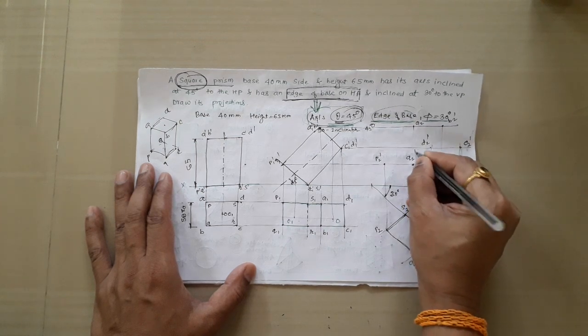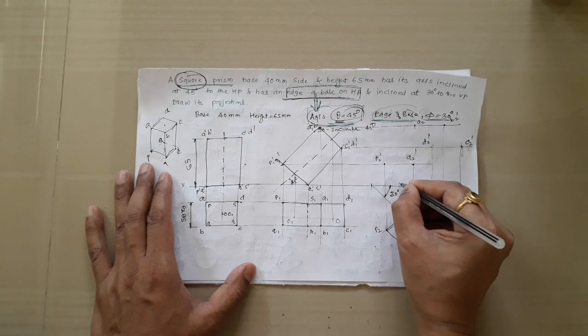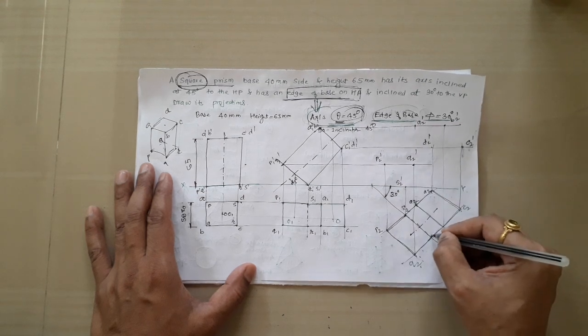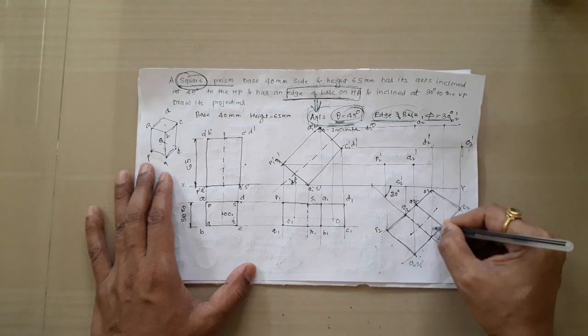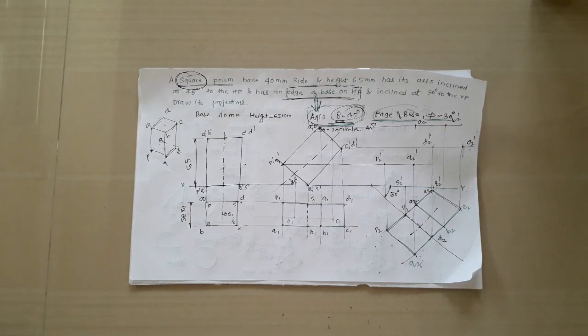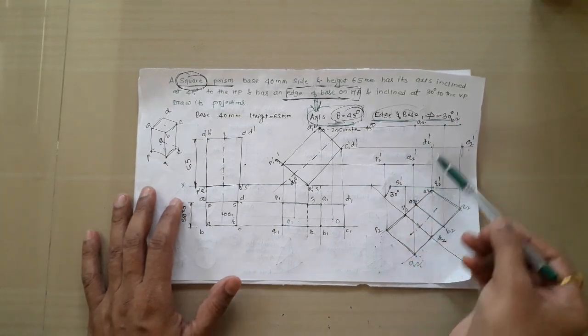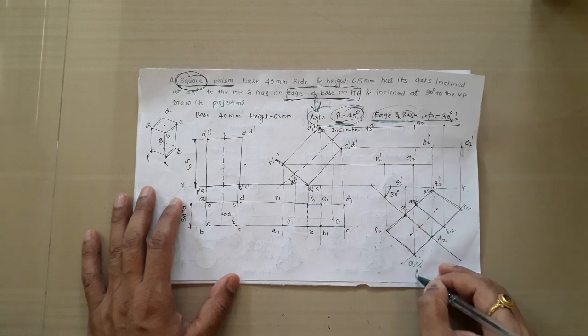This is Q2 dash. And R and S are on the reference line. So this is S2 dash and this is R2 dash. Now we are going to complete this front view by observing this top view from the bottom.